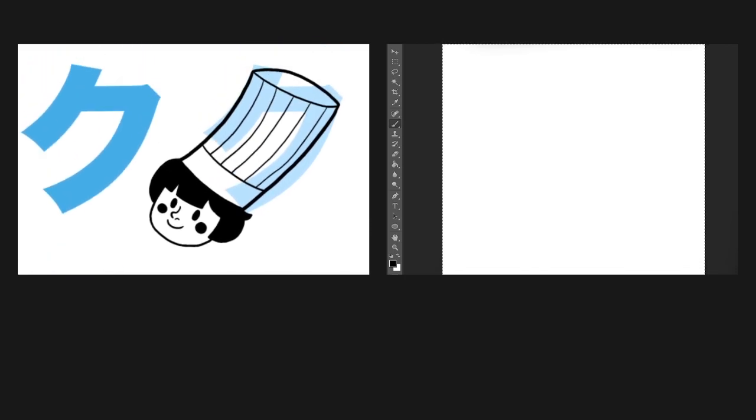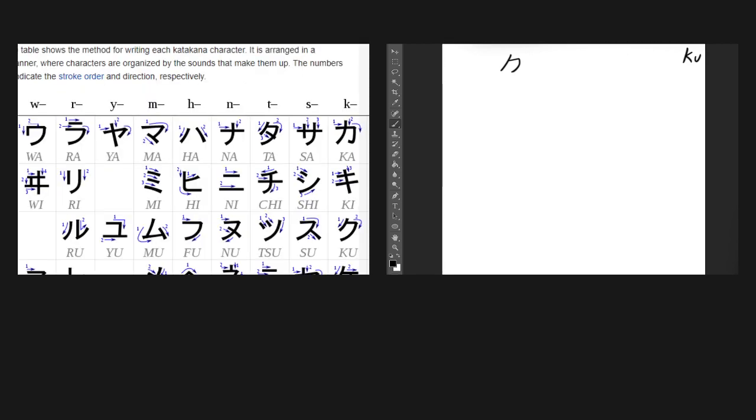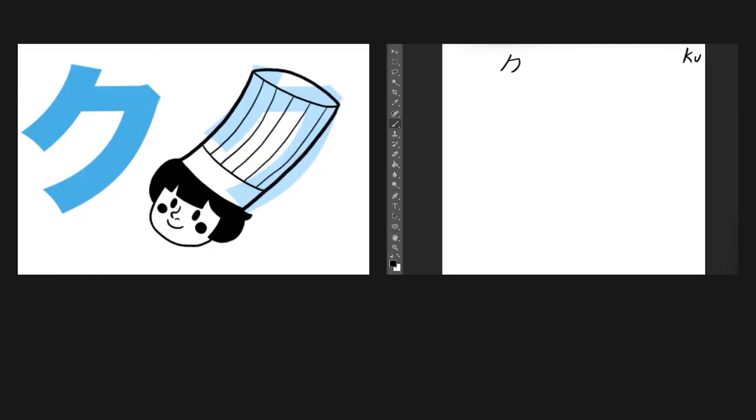Okay, they're saying this is ku. It's like a cook's hat. A cook's hat. I guess so, sure. Whatever. And the stroke order here, first is the downward stroke.